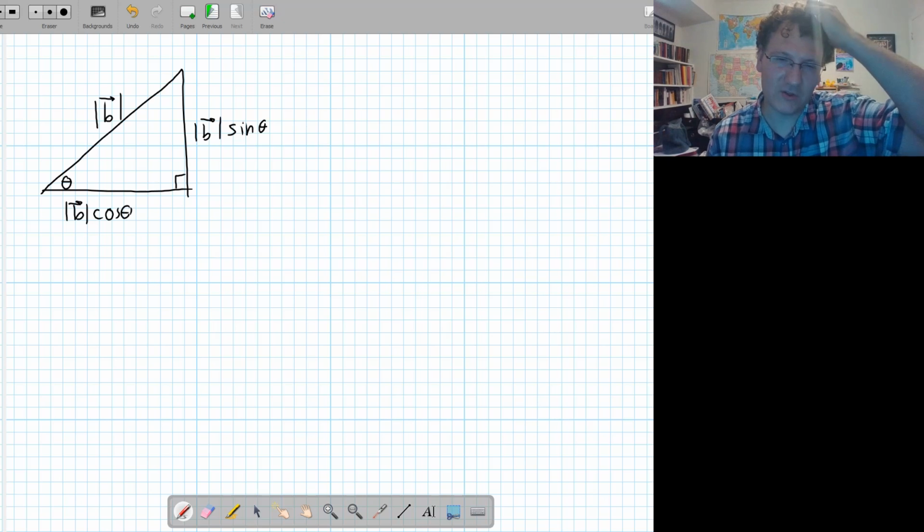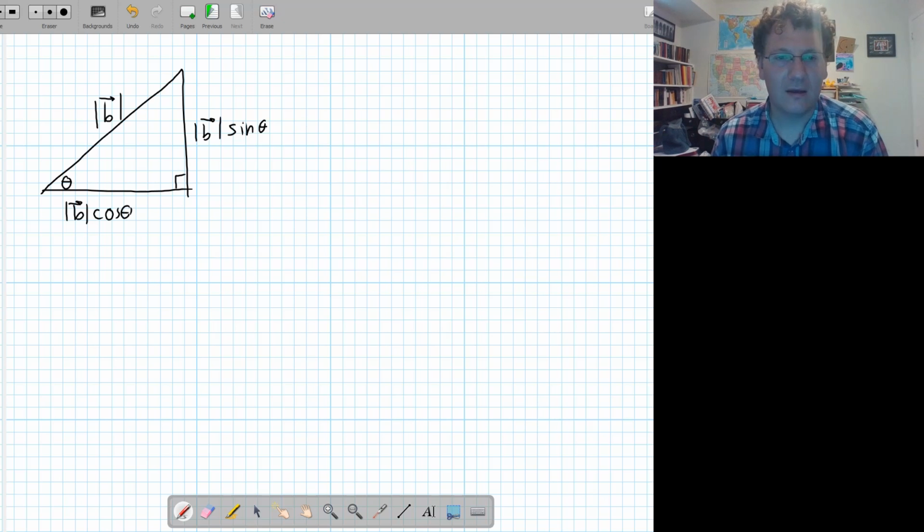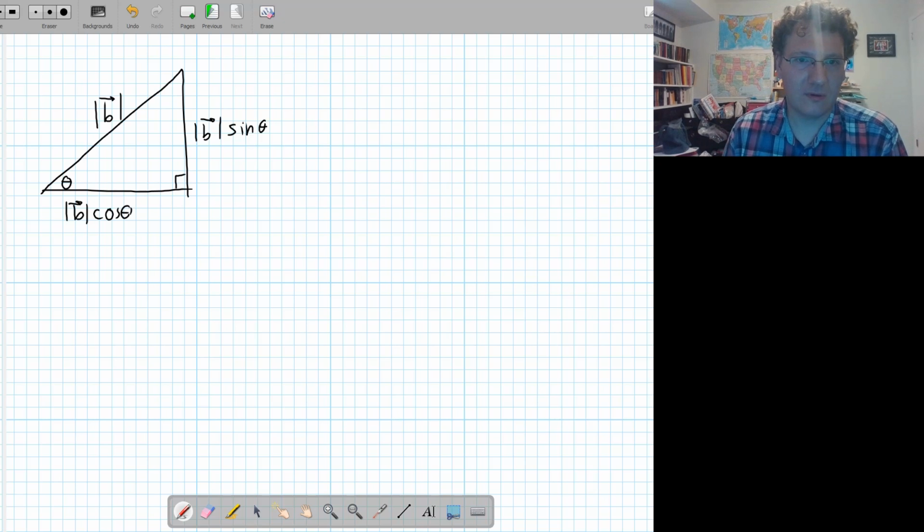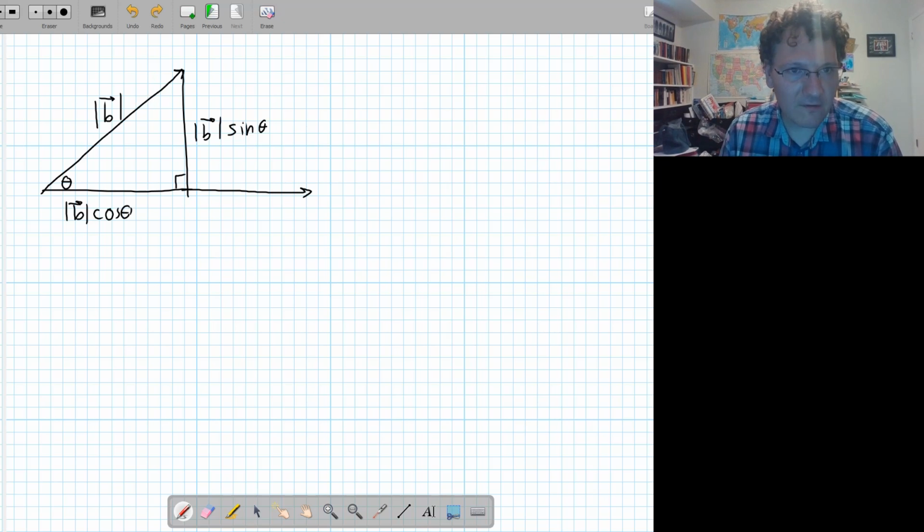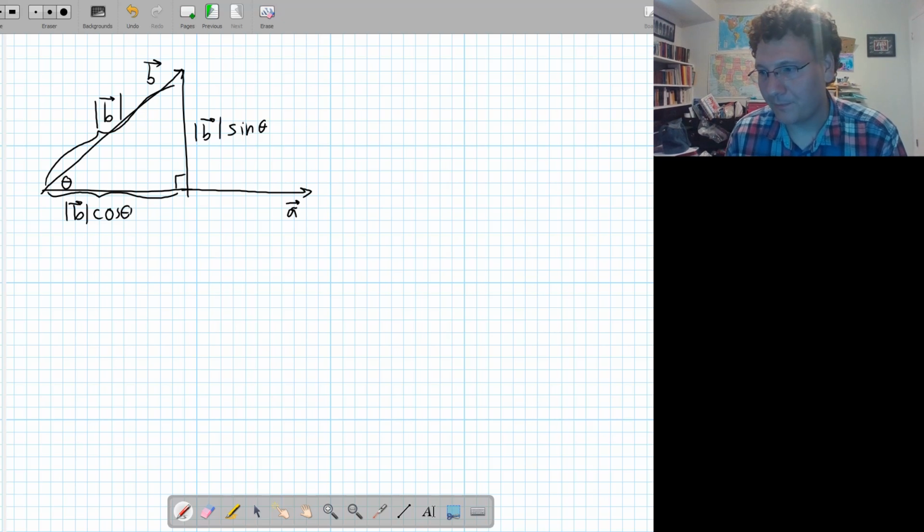This is just going back to trig identities. If this is the vector b, this whole thing is the vector a. The length of it is magnitude b, and the length there is magnitude b cosine theta.